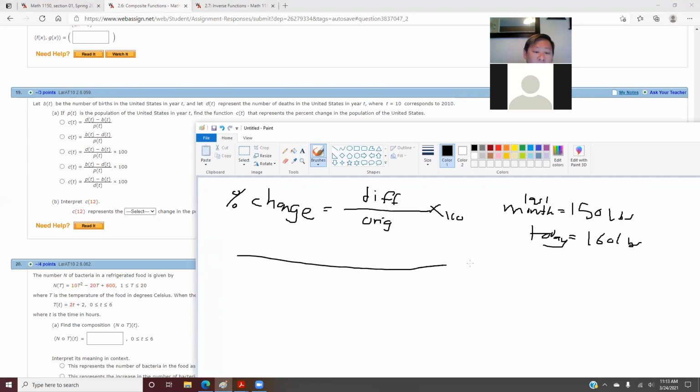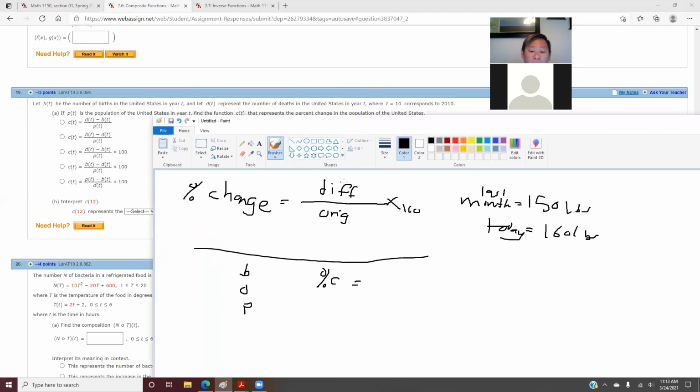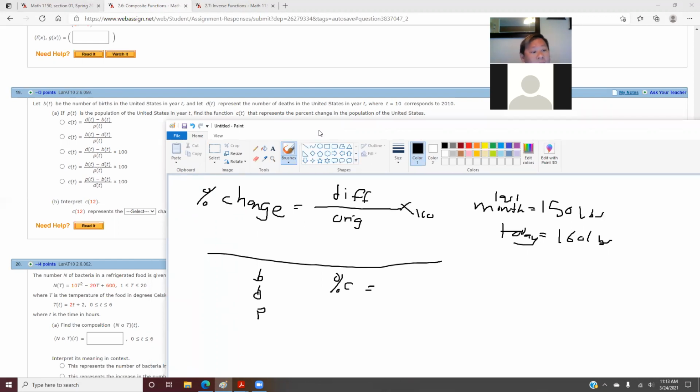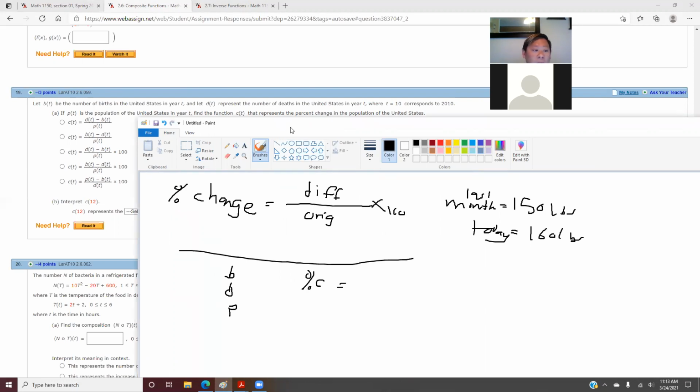So if you look at this, B is the birth, D is the death, and P is the population. So how do you find a percent change in this case? You look at the difference, right? Yep. The difference between what? The birth, the death, the population.